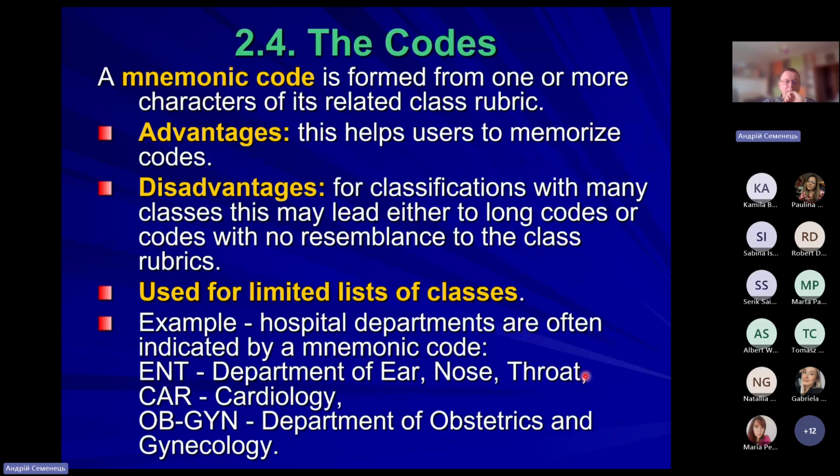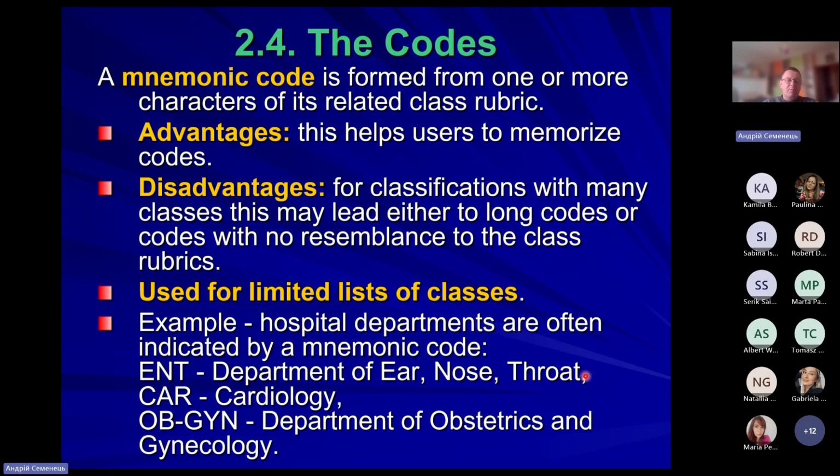Types of codes: numerical, already spoken; mnemonic, formed by one or more characters related to the class rubric. So easy to be memorized, but a classification with many classes may lead to either too long codes or codes with no resemblance to class rubrics.